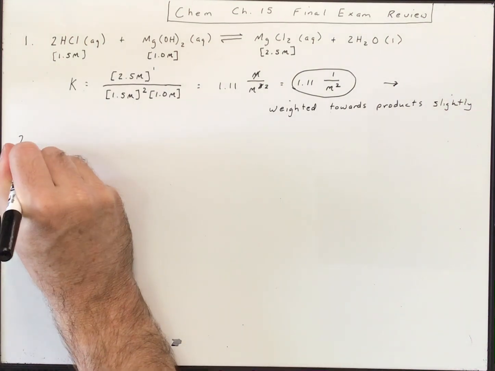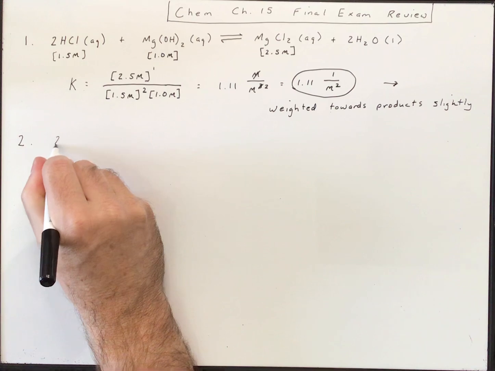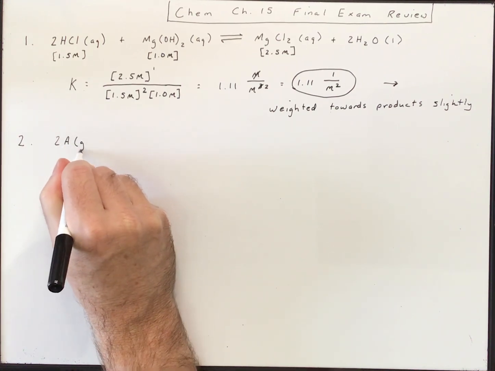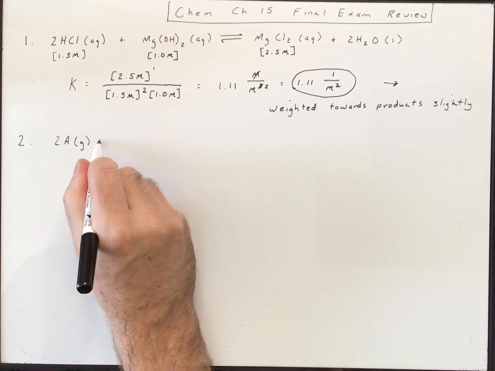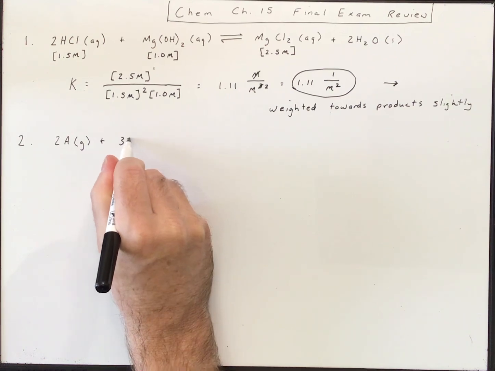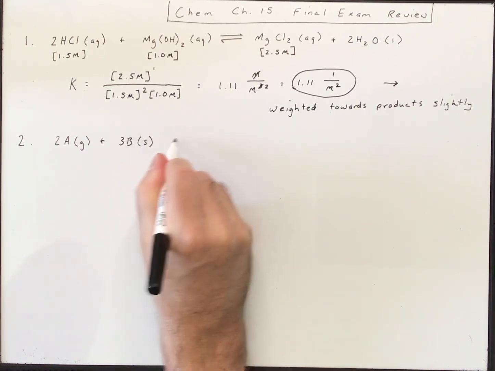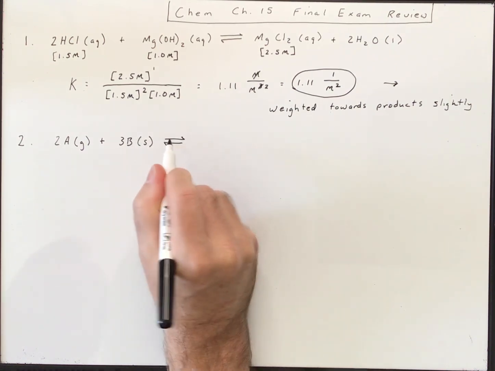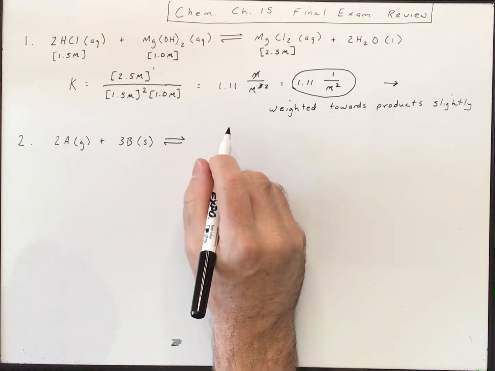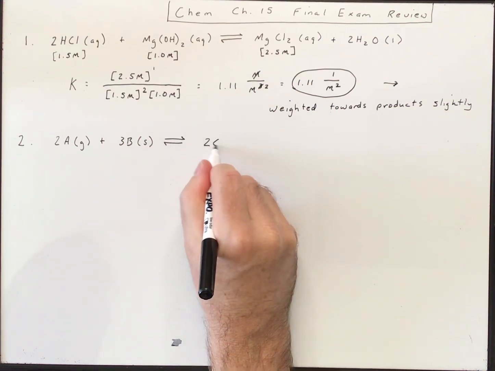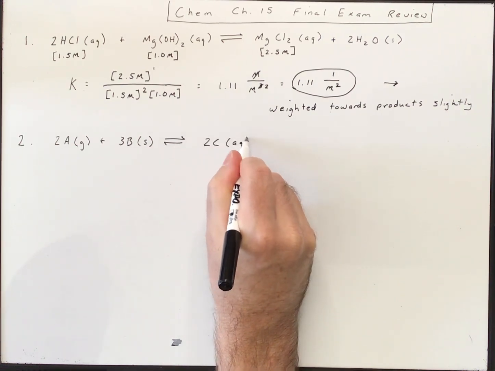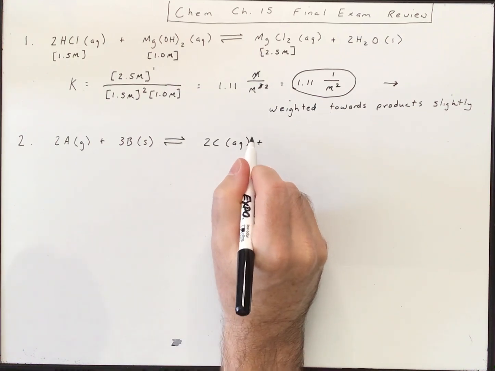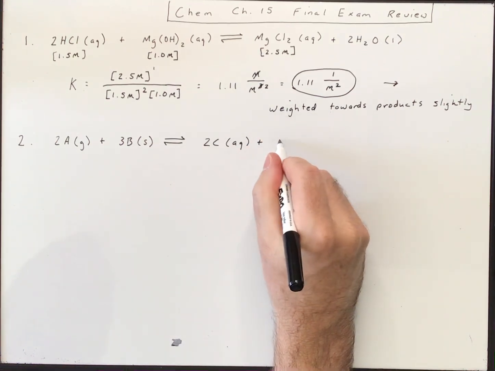All right, so let's write out this reaction. We have 2A, which is a gas, plus 3B, which is a solid, yields 2C, which is aqueous, plus 2D.